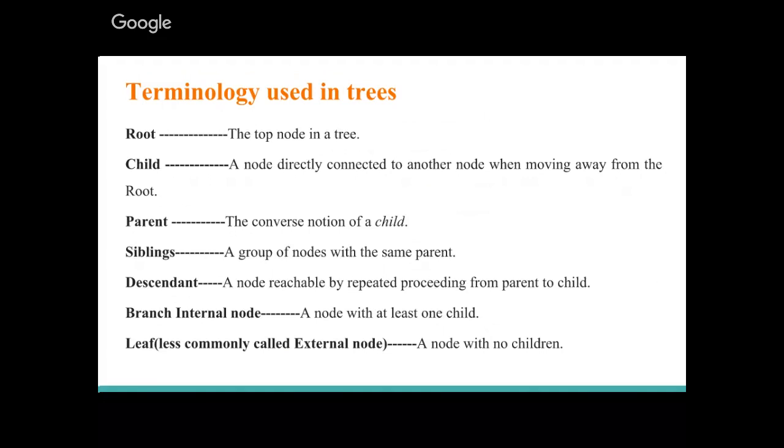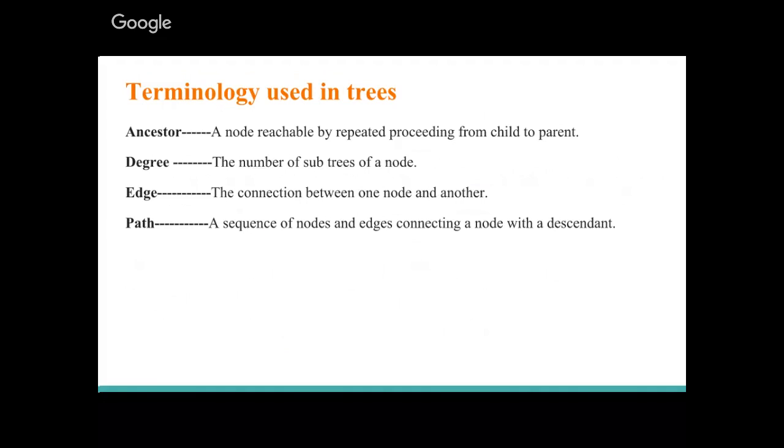So if there is no further branching out at a node, then it is called a leaf node. Then ancestors: a node reachable by repeated proceeding from child to parent is called ancestor. The number of subtrees of a node is called the degree of a particular node. The connection between one node and another is called edge. So whatever connection you have between two nodes, that is referred to as edge.